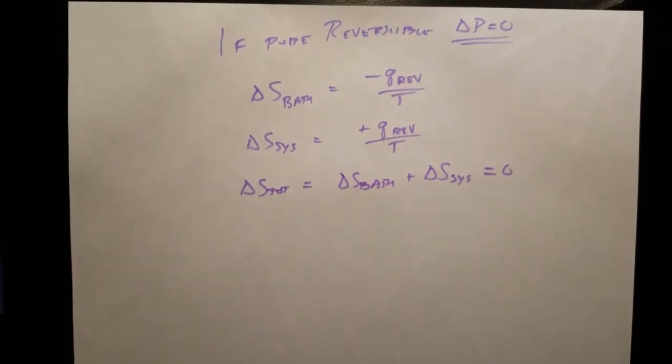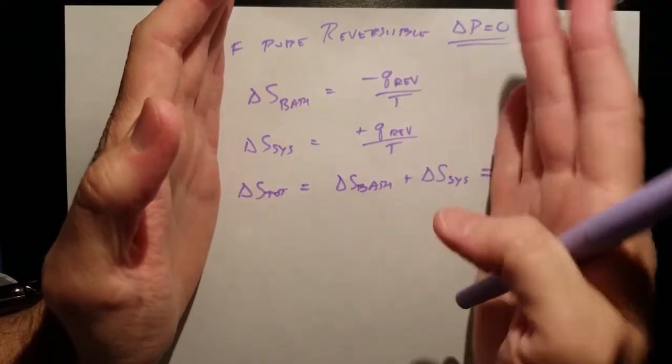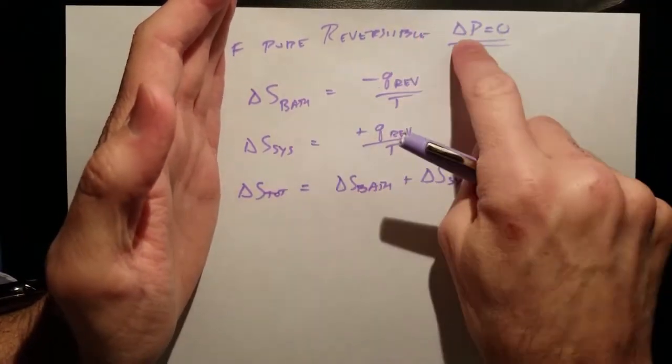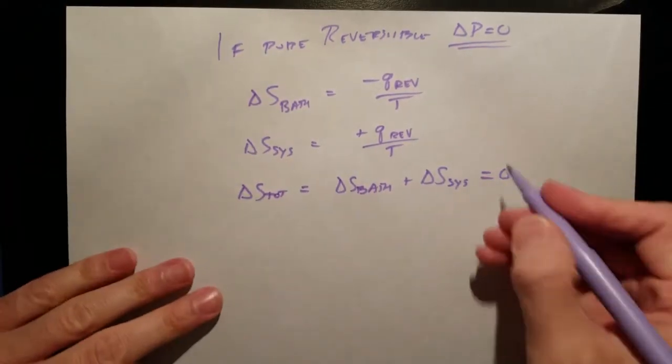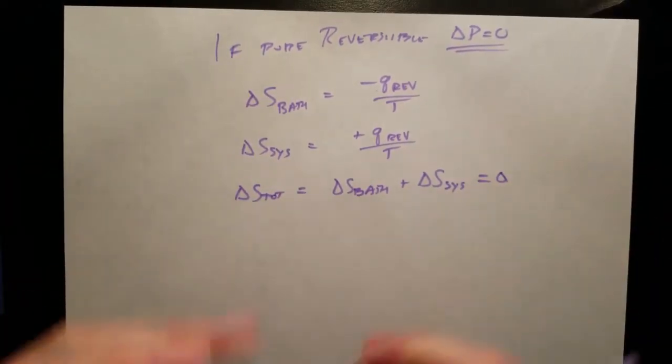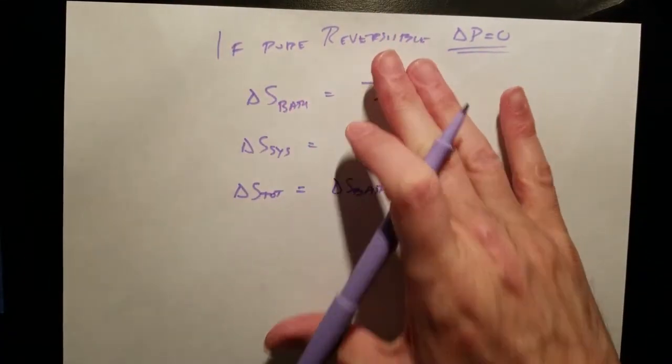So for a process that's reversible, you can imagine evaporation occurring without us applying a pressure. Then there's no change in entropy of our isolated system plus thermal bath.